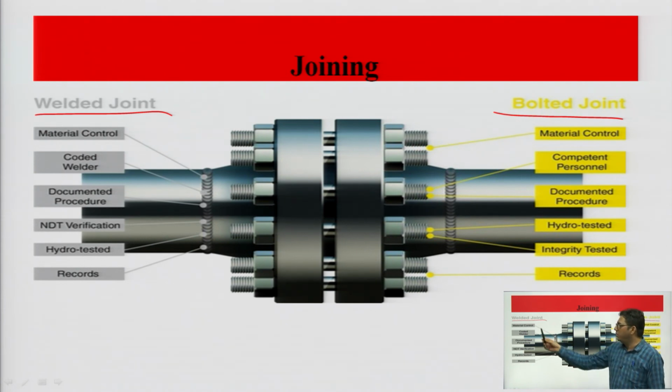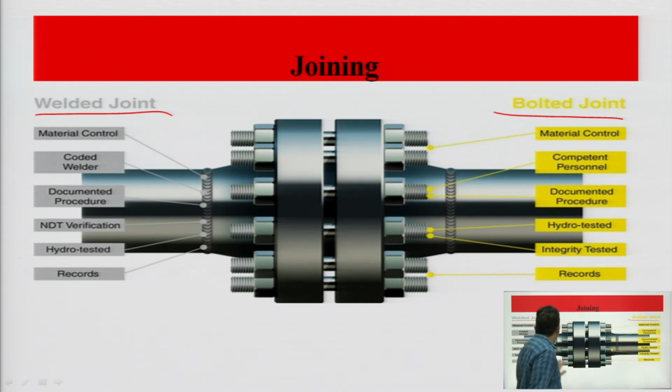It could be welded or bolted down. For welding, there is material control, a coded welder, and a documented process. For bolting, there is material control, competent personnel, and documented procedure. So, we have joined this.